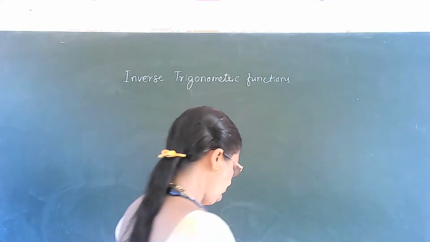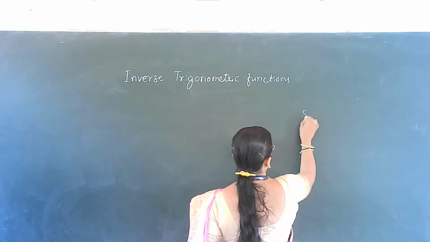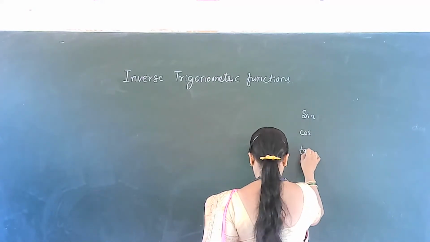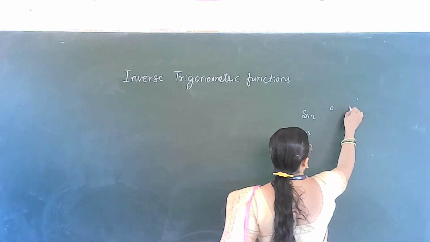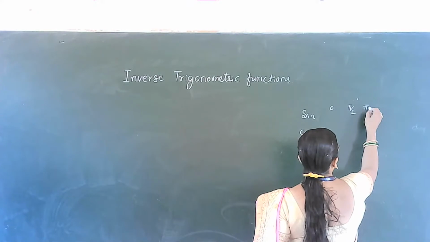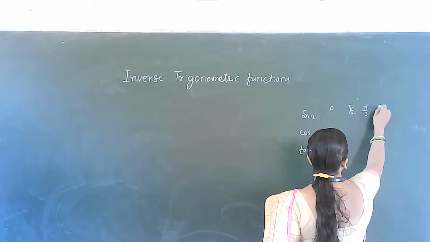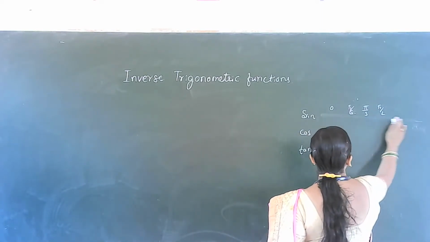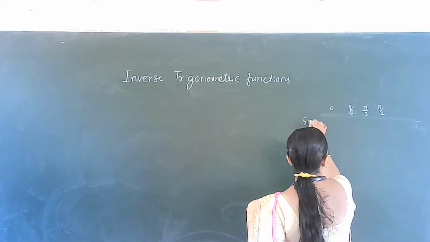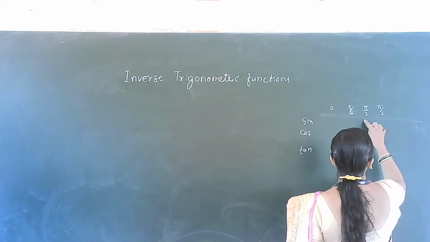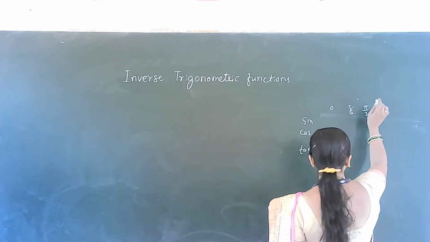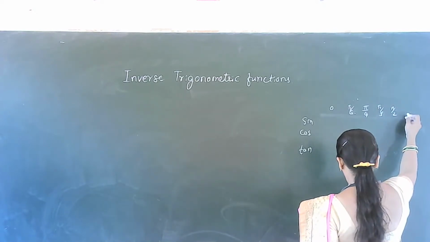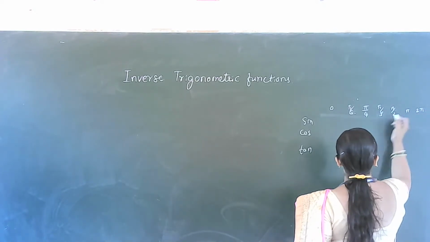First, you should remember the values of the functions sin, cos, tan at these angles: 0, pi by 6, pi by 4, pi by 3, pi by 2, pi and 2 pi.